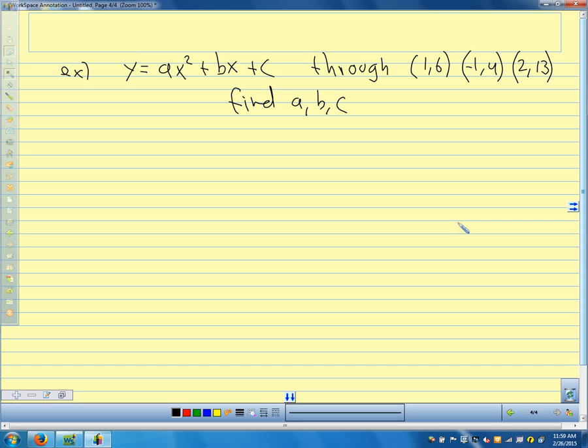So here's the question. We have to find A, B, and C. What do we do? Cole says, make these the X's and Y's. These are X's and Y's, right? What's that going to get us?